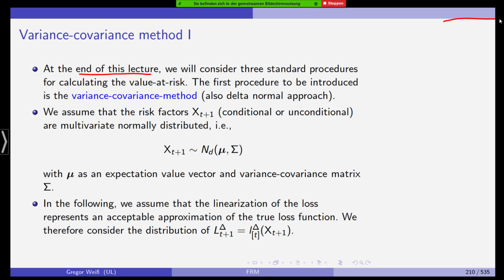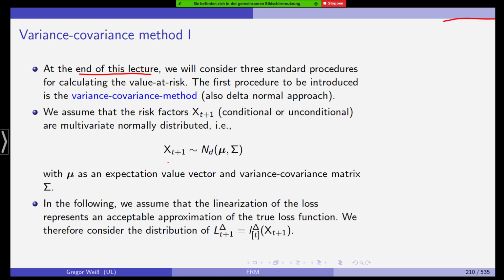We have our risk factors, which can be conditional or unconditional, and the variance covariance method is synonymous with the assumption of a normal distribution. We are using the variance covariance matrix, but the basic assumption is actually the assumption of a normal distribution for the risk factors.